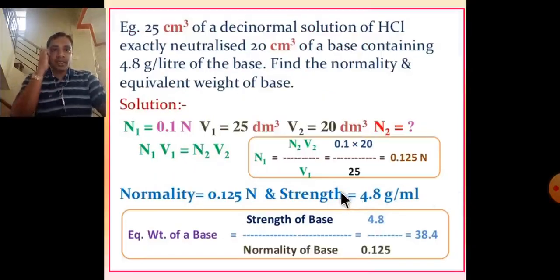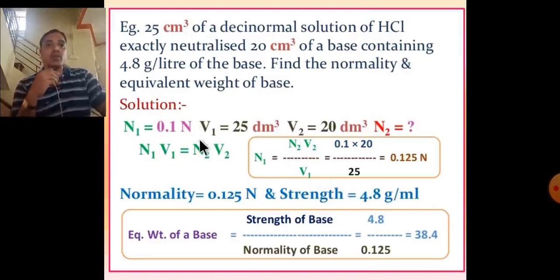In a similar example, 25 ml of decinormal, that is 0.1 normal, solution of HCl exactly neutralized 20 ml of a base containing 4.8 gram per liter of the base. Find the normality and equivalent weight of the base.